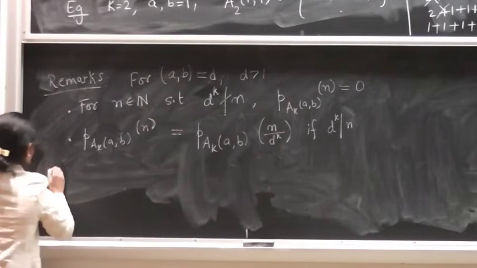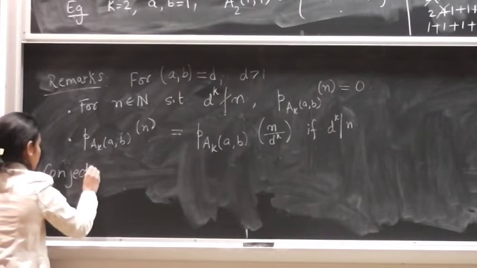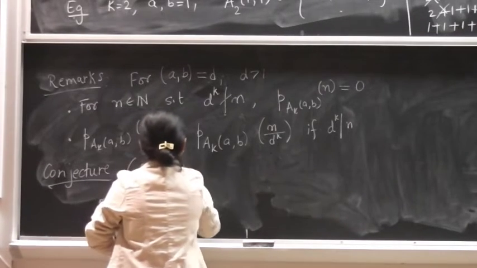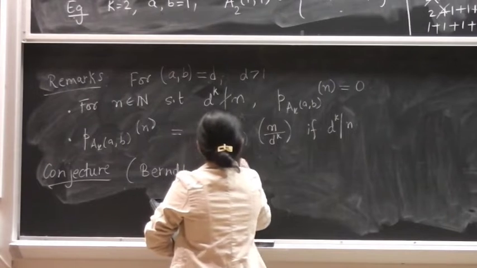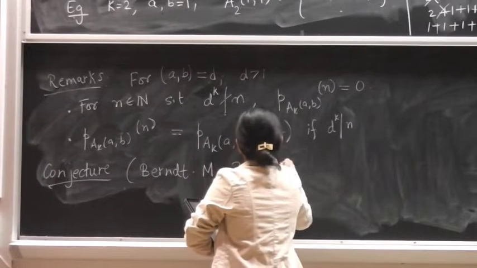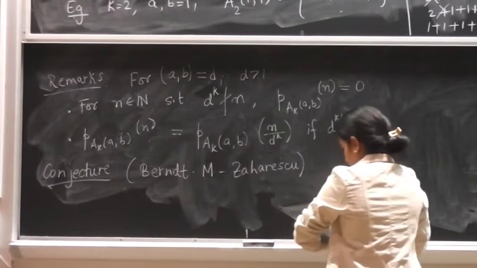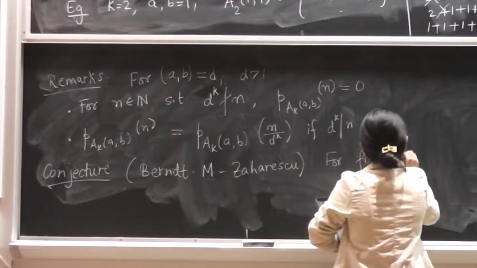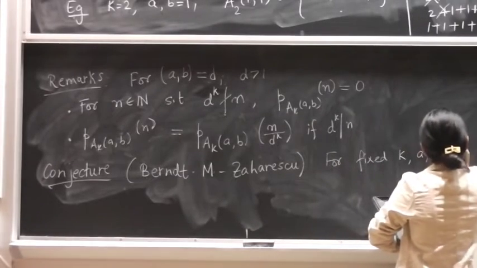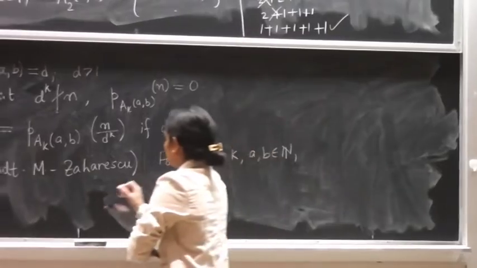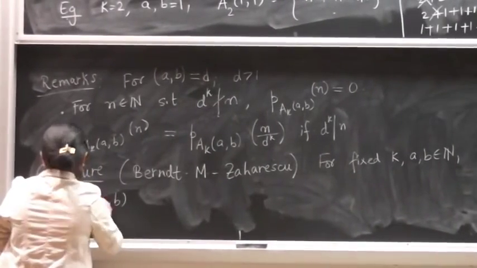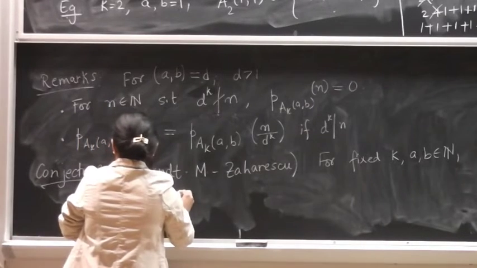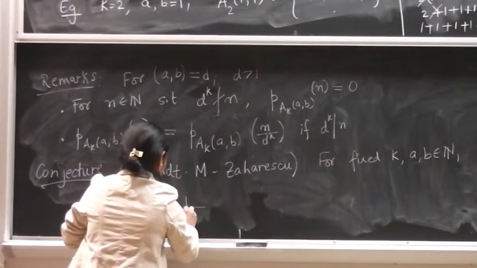Okay, so there is a conjecture in this setting also. This is joint work with Bruce Berndt and Zaharescu, and we say that for fixed natural numbers A, B such that A and B are co-prime, this is still true.